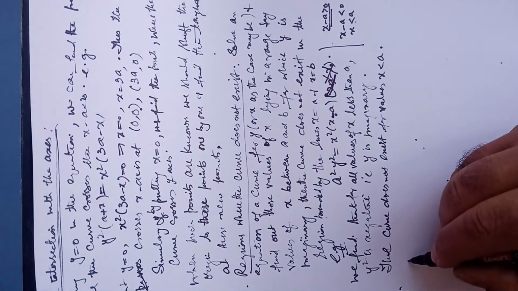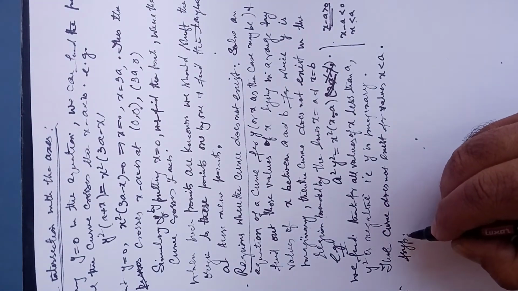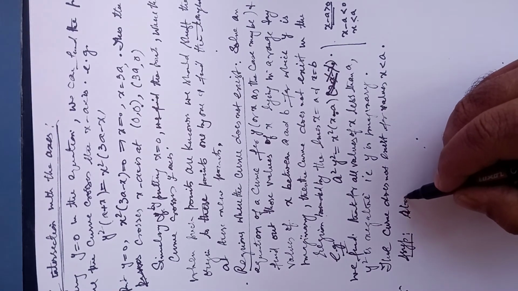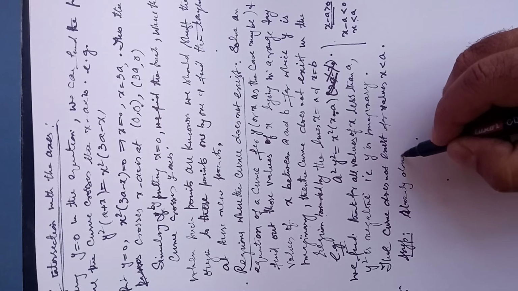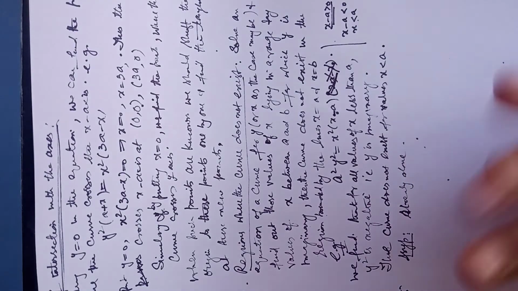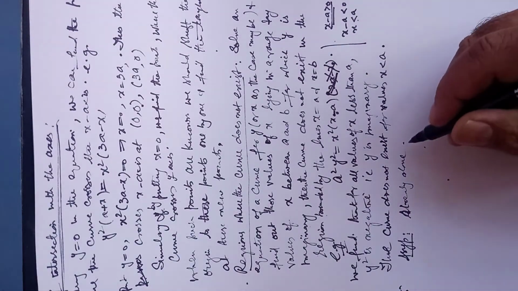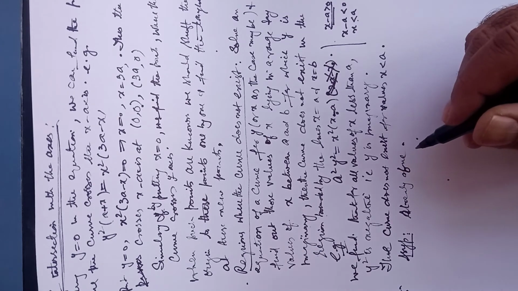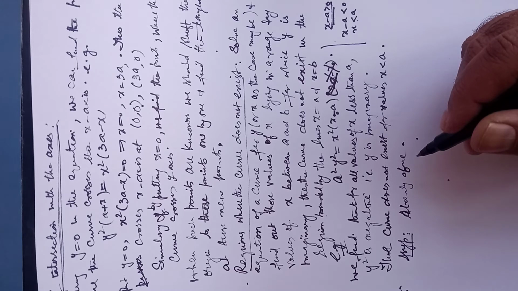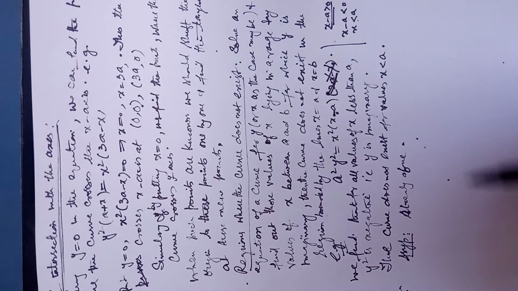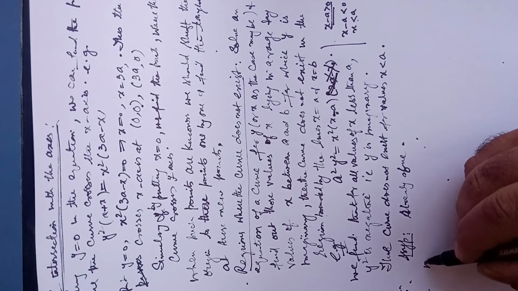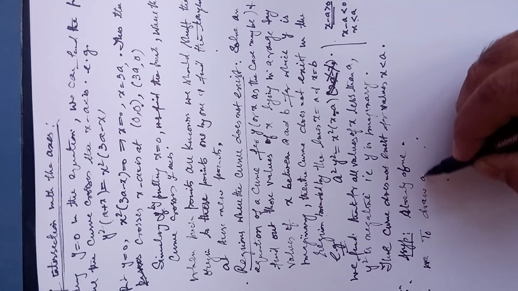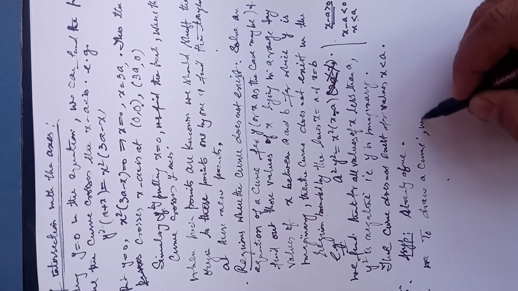Fifth one is asymptotes. Asymptote to a curve is already done, so there is nothing to be talked about. Then finally, we have to draw a curve.